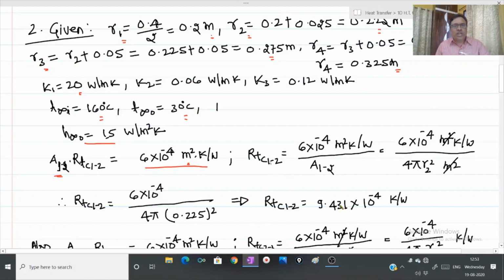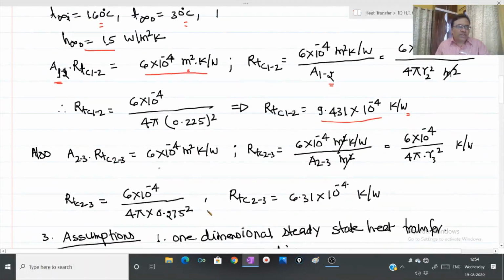To get thermal contact resistance for the total area, I have to divide it by the surface area at the interface 1 2. So I will get the thermal contact resistance at the interface 1 as RTC12, 9.431 into 10 to power minus 4 Kelvin per watt.